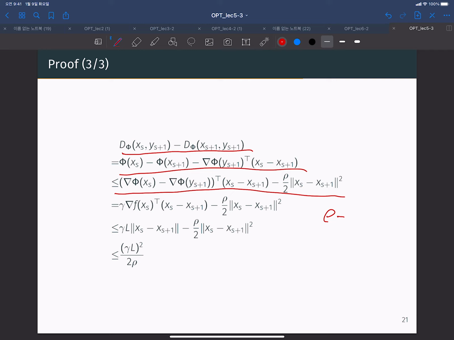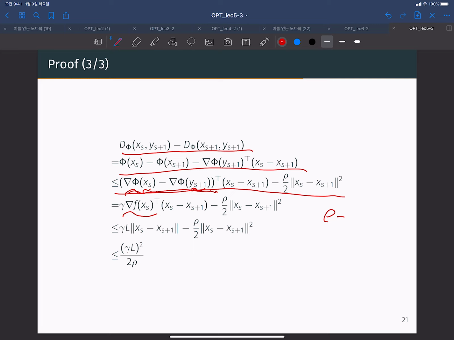Then from the definition of x_s and y_{s+1}, since the gradient of Π(y_{s+1}) is just the update from the gradient of Π(x_s) as much as the gradient of f(x_s) with step size gamma, we can replace this term by this.